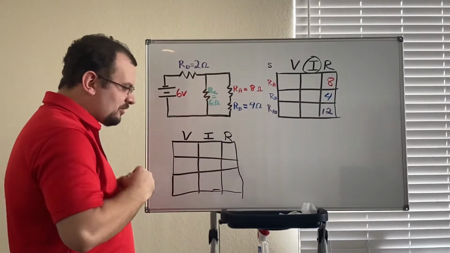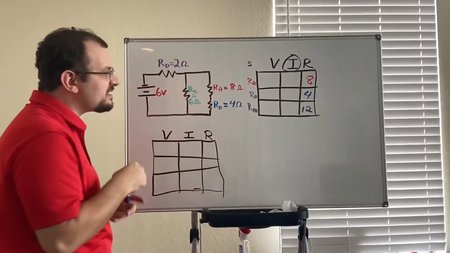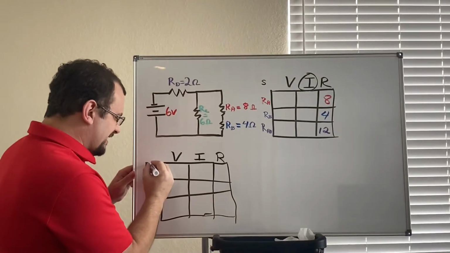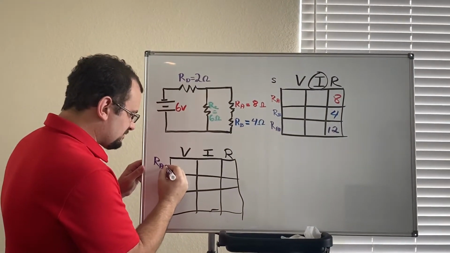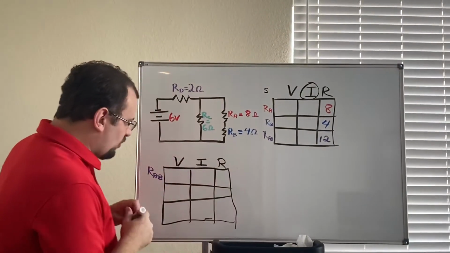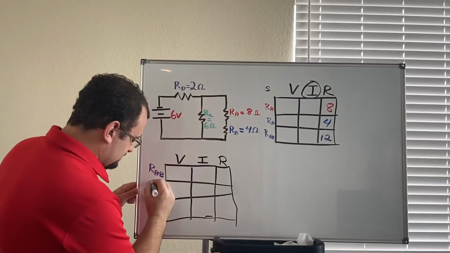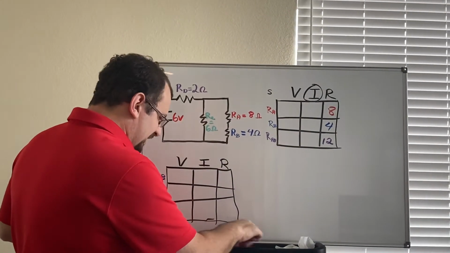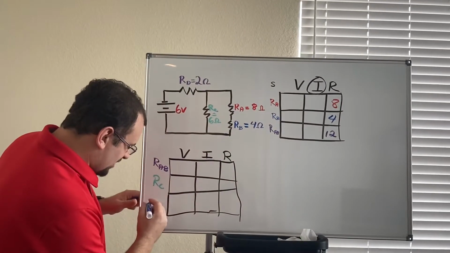And down the left-hand side, I'm going to put the resistors that we're going to be dealing with. So we're going to be dealing with resistor AB, and that's going to be in parallel with resistor C. And all of that is going to combine to make resistor ABC.